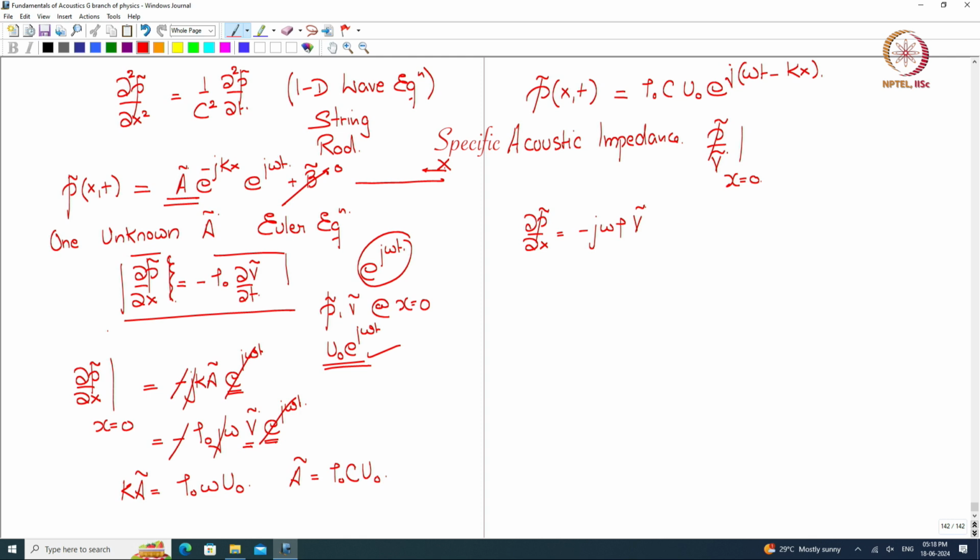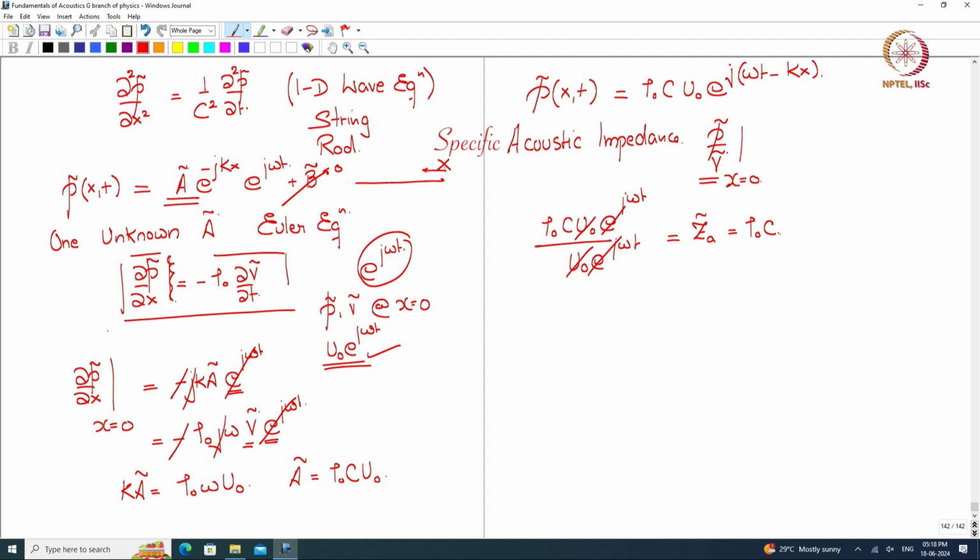Let me do it straight away. The pressure at x equal to 0 is rho 0 c u0 e to the power j omega t, and the velocity at x equal to 0 is u0 e to the power j omega t. This time it is simple. So the specific acoustic impedance is rho 0 c.